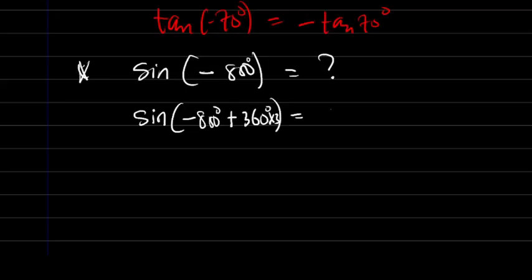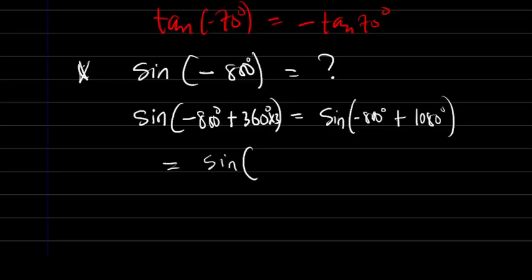So here we have sine of minus 800 degrees plus 1080 degrees. Minus 800 plus 1080 is 280.